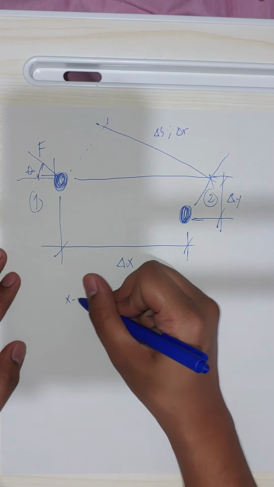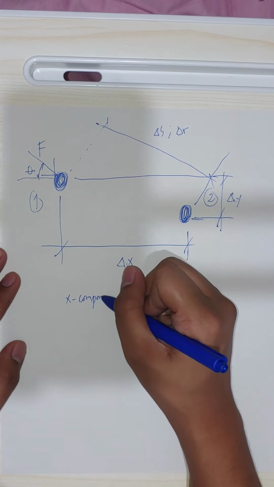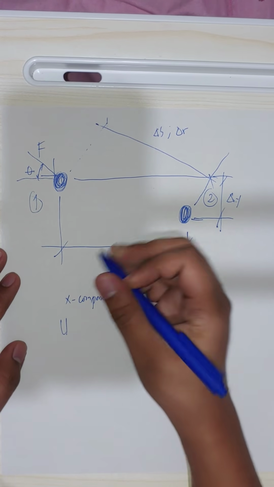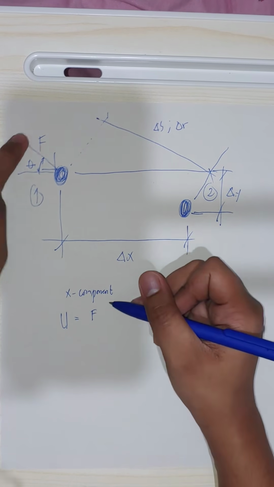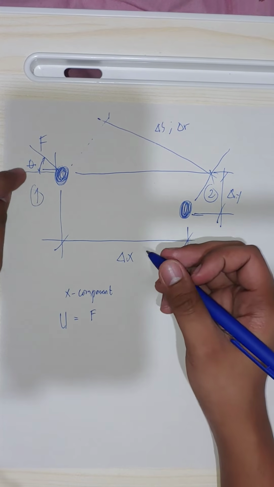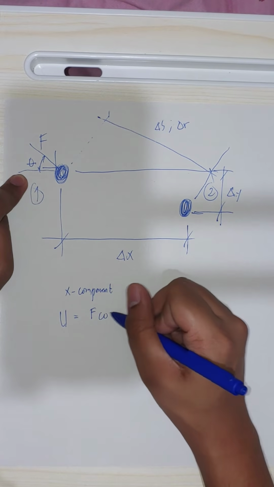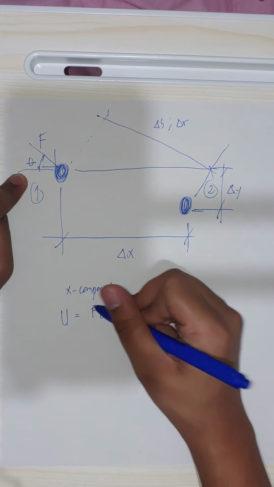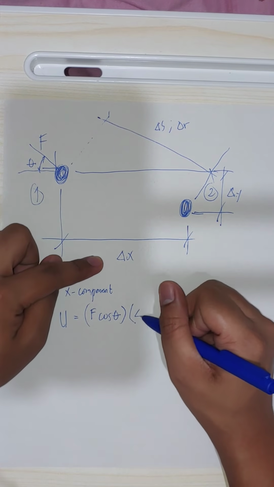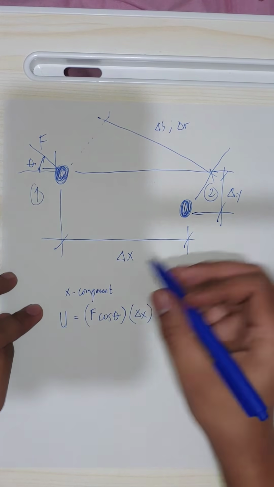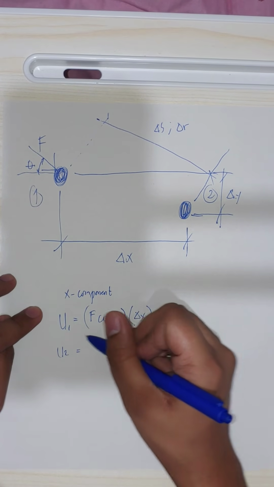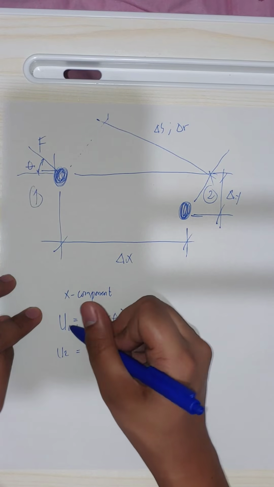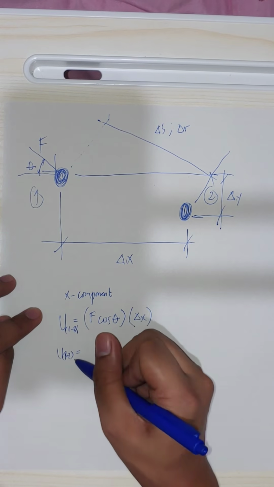For the x component of the work, we have the force times the x component of the force, let's say cosine theta, times the displacement along x. Let's call the work W 1 to 2 sub 1, and then W 1 to 2 sub 2.